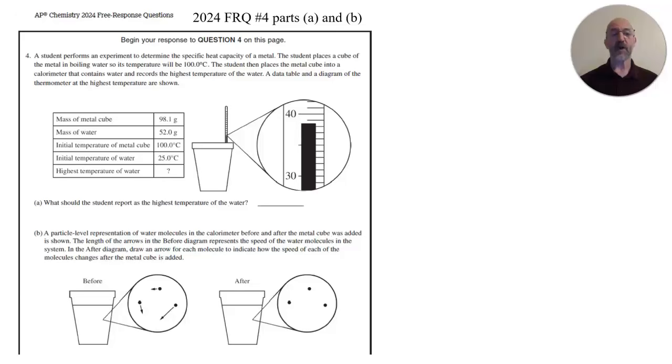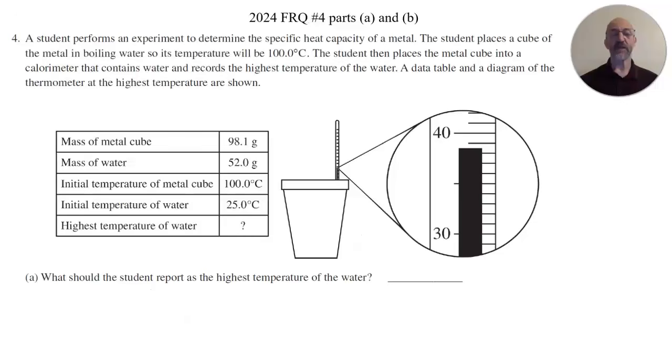So the first part of this question was simply based on the skill of knowing how to read the temperature on this thermometer according to the precision of the thermometer. As you can look at this diagram with a number of 30 and 40, there are 10 spaces in between 30 and 40.